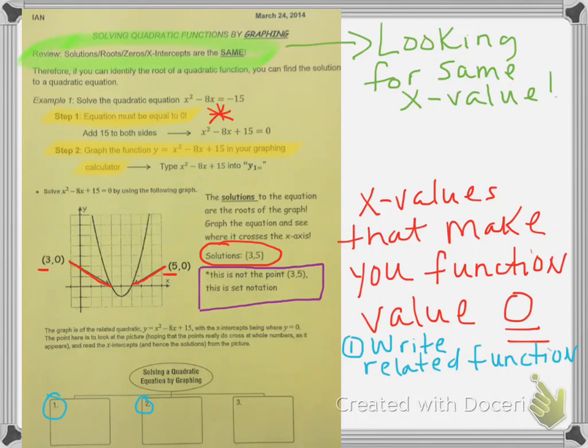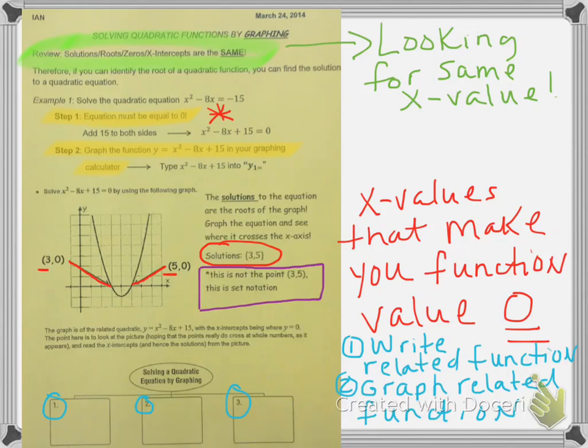Step 2. Graph your related function. Of course, you don't have to do this by hand. You can do this in your graphing calculator. We did this in our calculator.